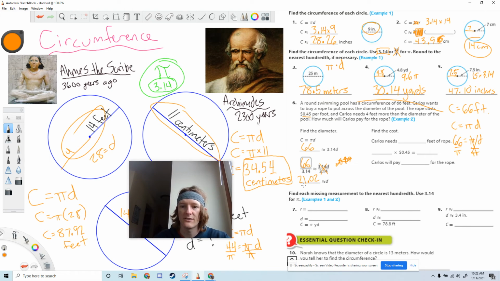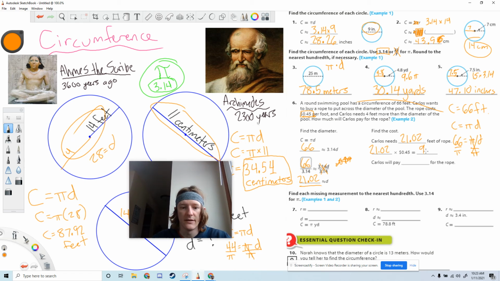Next, we need to find the cost of this many feet of rope. So we need a total, what did he say? We need a total of 21.02 feet of rope. If we get 1 foot for 45 cents, we'll do 21.02 feet times 45, so 21.02 times 0.45.